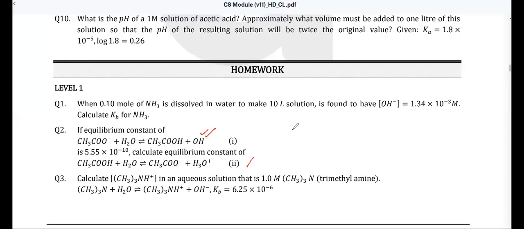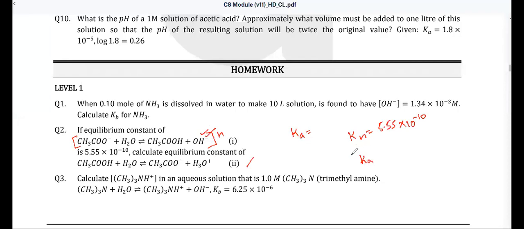Kh is given, and you are asked to find Ka, because this is the hydrolysis equation. Kh is 5.55 into 10 power minus 10.